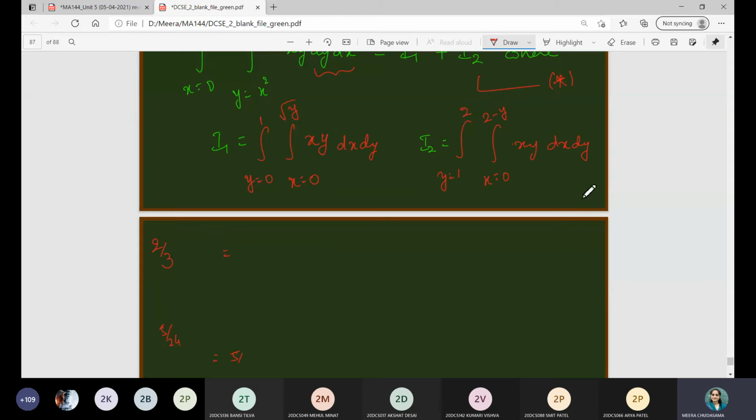And what about I2? Ma'am, I1 is 4 by 3. 4 by 3. 1 by 6, ma'am. Ma'am, I2 is 2 by. Yes, ma'am. 1 by 6. I1 is equal. 1 by 6. देते जाओ आंसर. Yes, ma'am, it's 1 by 6. I1 is equal to. I1 is equal to 1 by 6. Or what about I2? 1 by 2. Some of you are saying 2 by 3 is the value of I2. Some of you are saying I2 is 1 by 2.